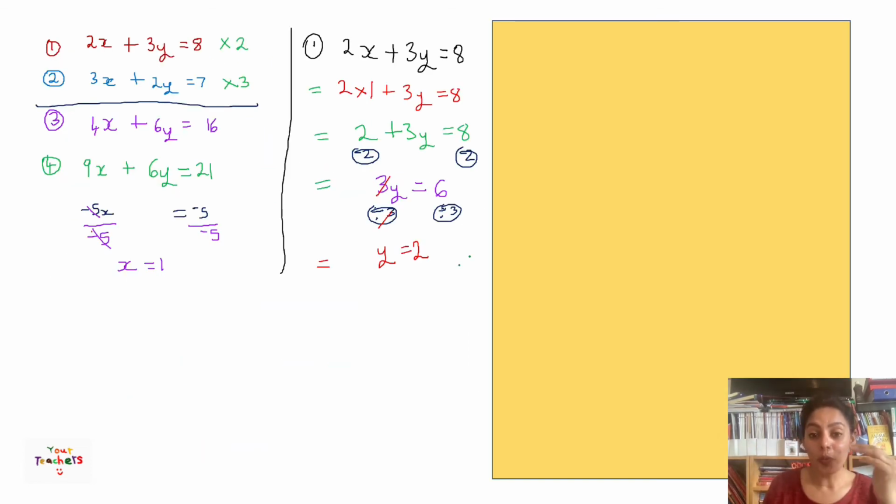So we did a little brief recap. You've got your notes, remember? So the first thing we did here was we labeled them 1, 2, 3, 4 as we went along. So equation 1 and equation 2, we multiplied them, bit of matchmaking until we got 6y in both. We eliminated the y's.